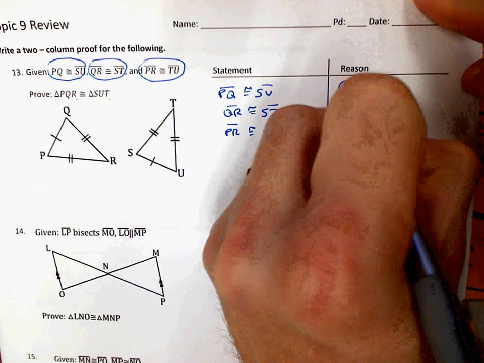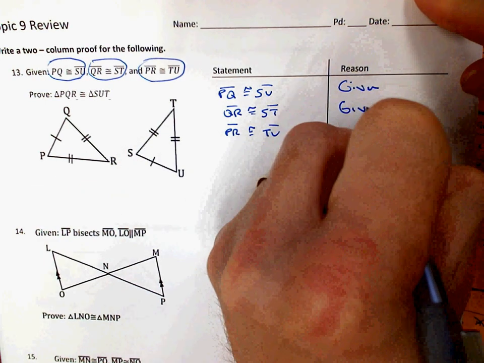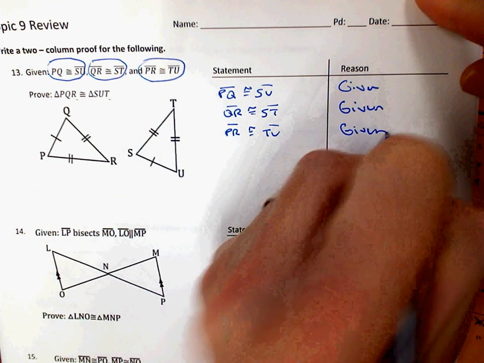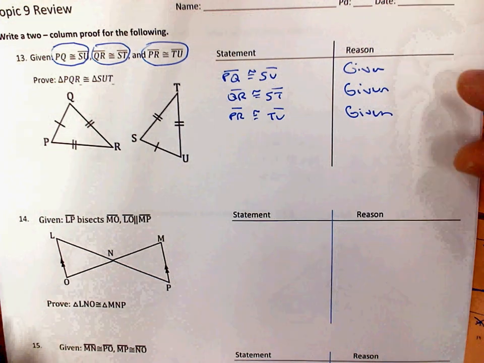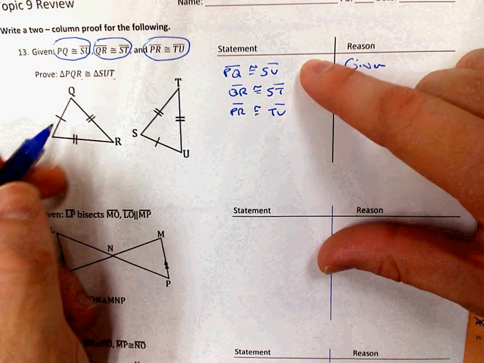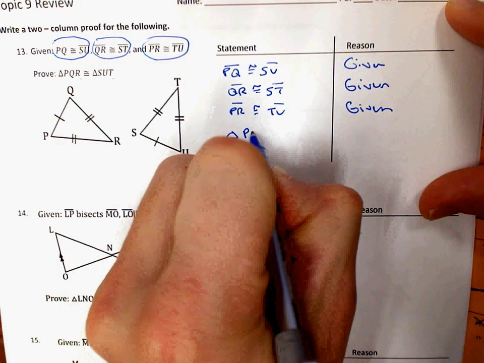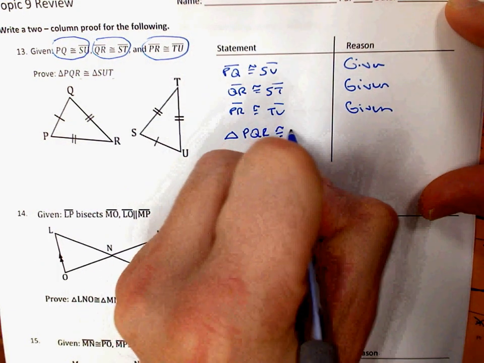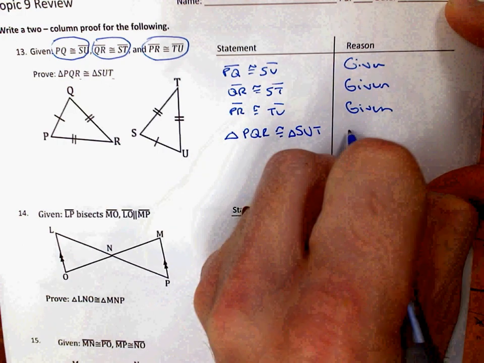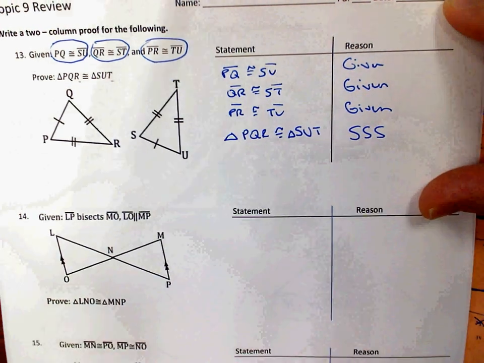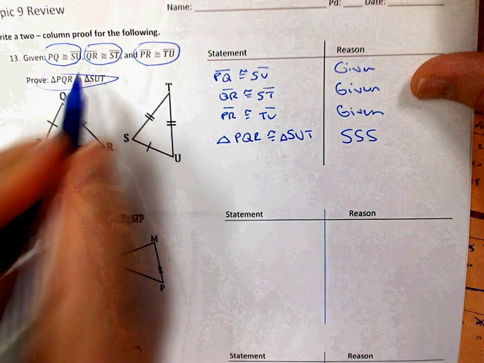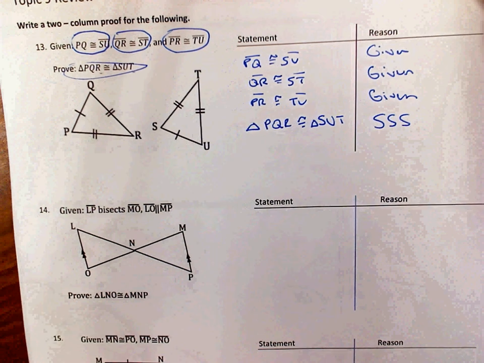I didn't have to earn any of that. So those are all free. And that's enough by itself. I was told all three of these, which are all three sides. So I can prove that the triangles are the same by SSS. And I'm done. I've proved what it told me to prove because they gave me enough information already. I didn't have to do any work on that one really.